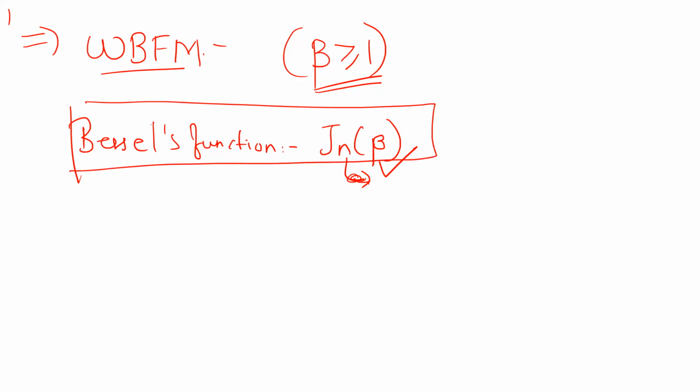J n of beta. Clear? Any doubts till here? So Jn is not a constant. This is basically a Bessel function. You'll have different values, like J0 of 1, J0 of 2. That will be given to you in the paper. That's not an issue.